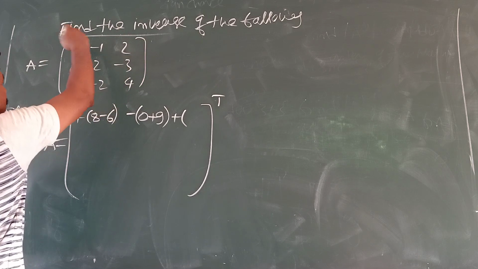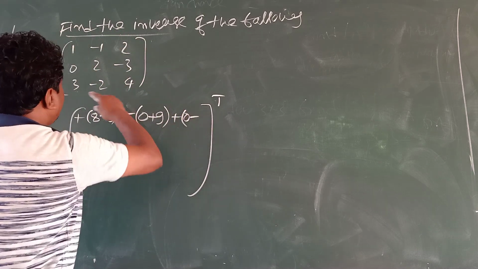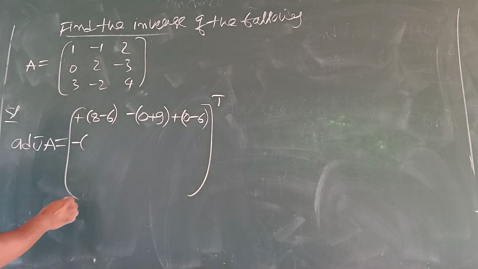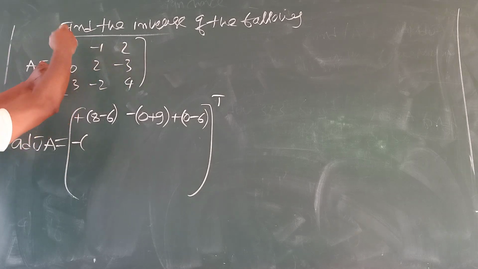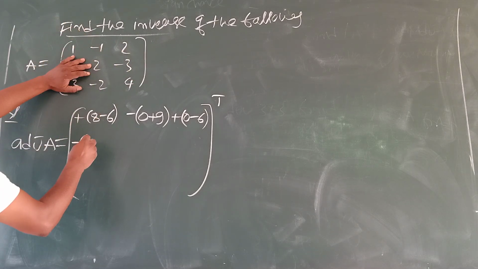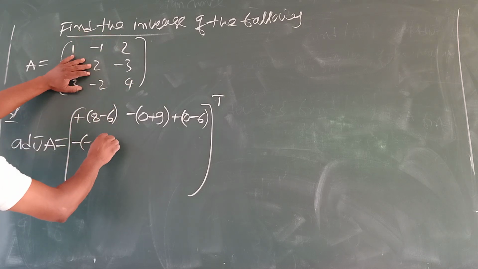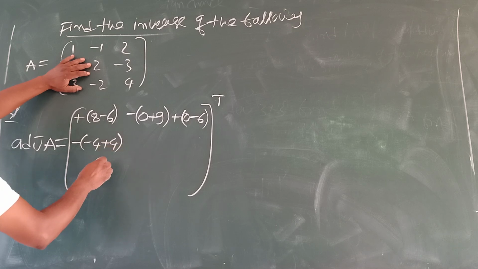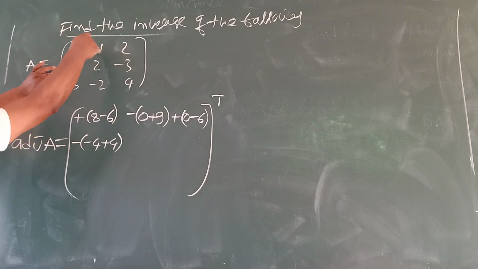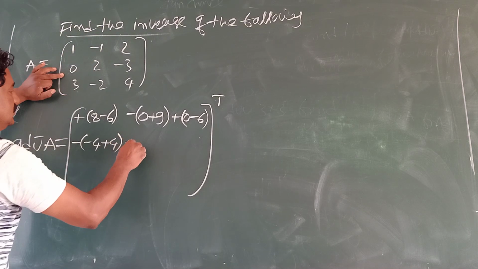Column row, 0 minus 6. Next minus. Come to this element. Row column, minus 4 minus plus 2 twos are 4. So 0.